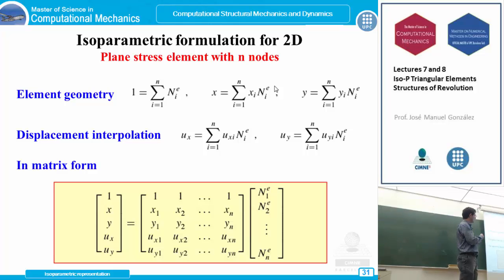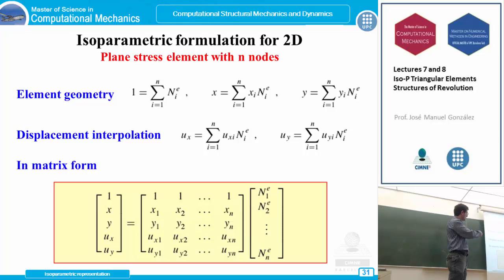So to remember, the isoparametric representation is characterized by this geometric interpolation using these shape functions. First of all, we have these consistency conditions, so all the shape functions must sum 1, and these two summation operators are the interpolation of the geometry, so we use the nodal coordinates x and y to get the interpolation of any point x and y over the geometry of the element, in this case the triangle.